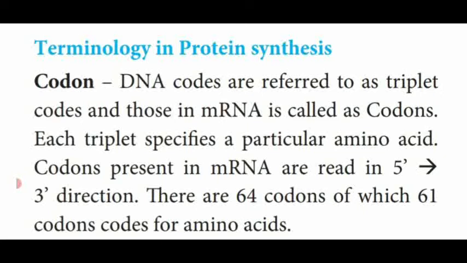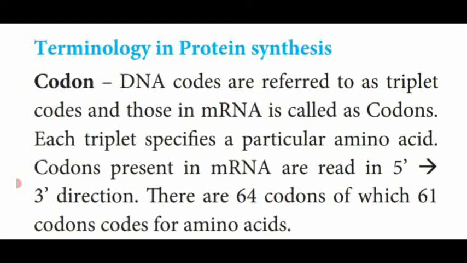Underline the word: each triplet codon of nitrogenous bases specifies a particular amino acid. The codons present in the mRNA are read from the 5' strand to the 3' strand. That is the direction in which we have to read it.